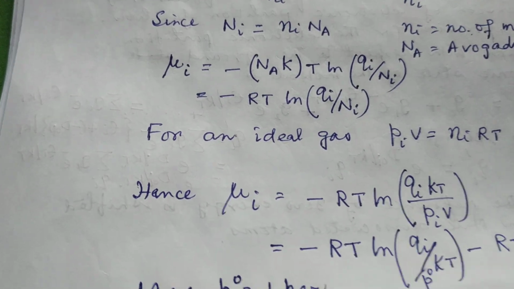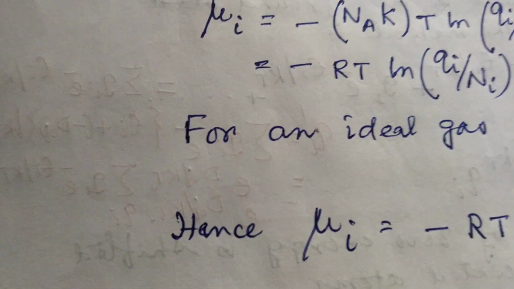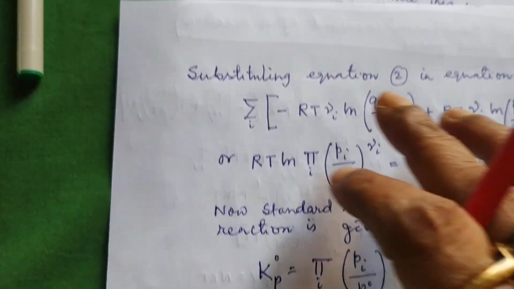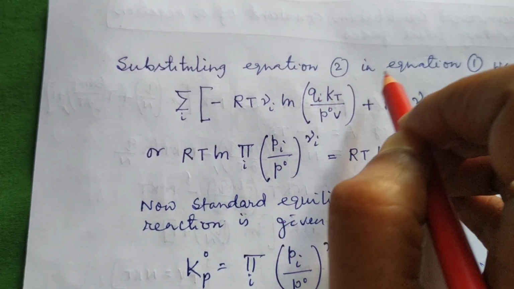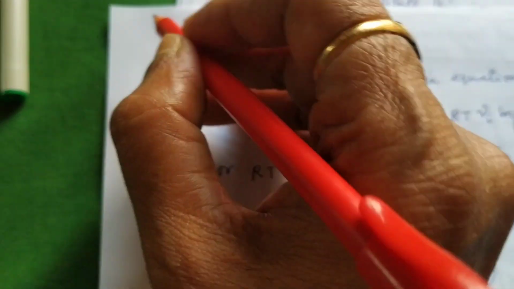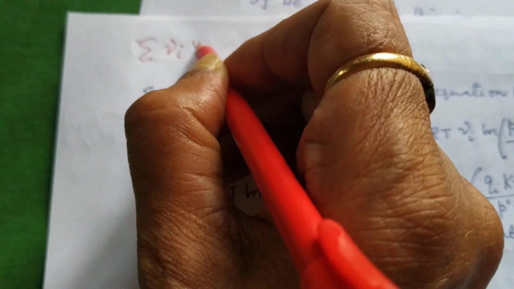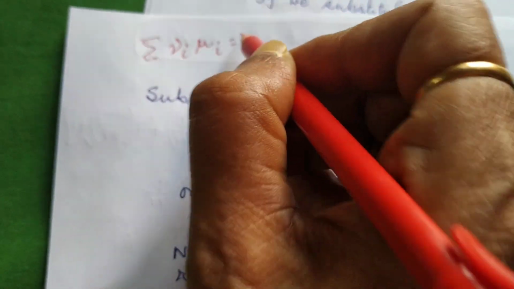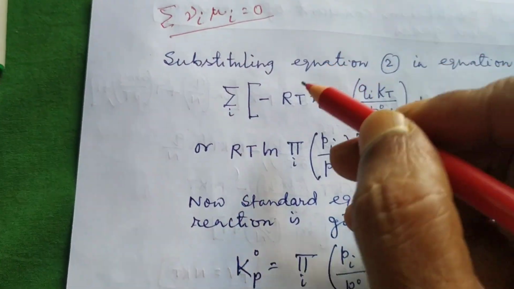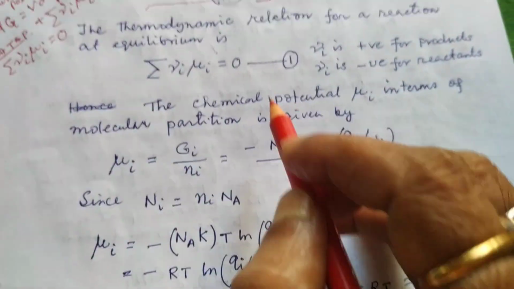Now, substituting equation 2 in equation 1. Equation 1 was sigma nu_i mu_i equals 0, so we substitute the value of mu_i from equation 2 into equation 1.